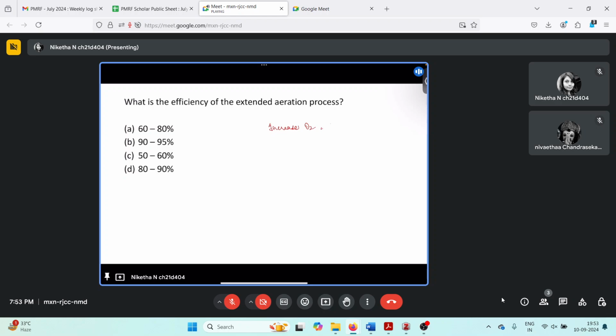This will mean that microbial growth is going to be high, so the removal efficiency is going to be higher. So the correct answer is 90 to 95%. And it also ensures that the organic loading is low.